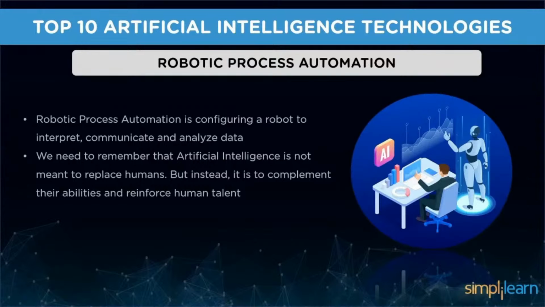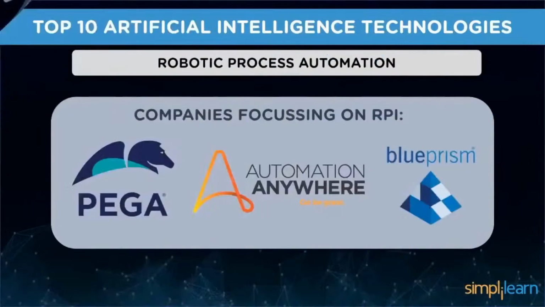Fields like warfare, mining, etc. is where it's currently being used. We need to remember that artificial intelligence is not meant to replace humans, but instead it is to complement their abilities and reinforce human talent. Companies that are focusing on robotic process automation are Pegasystems, Automation Anywhere, Blue Prism, etc.